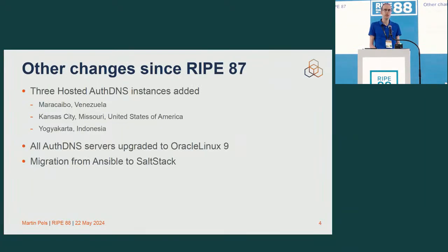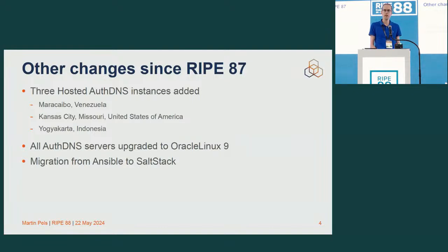Then some other expansions we did is we added a few hosted DNS instances in Venezuela, in Kansas City, US, and in Indonesia. And we've been very busy with upgrades. We were running CentOS 7 on all of our DNS servers. This is going end of life around July this year.